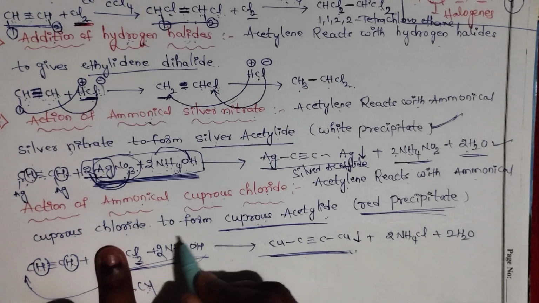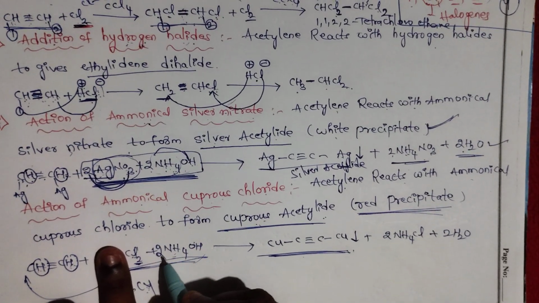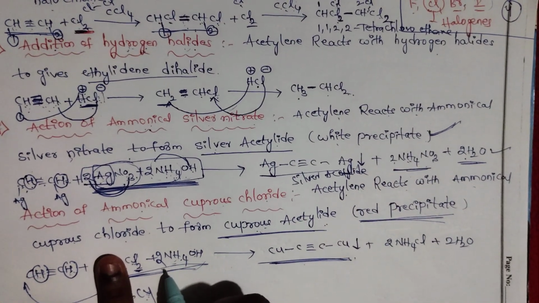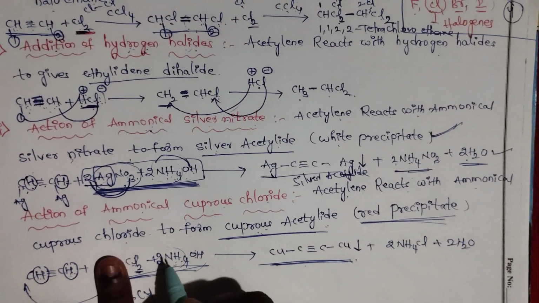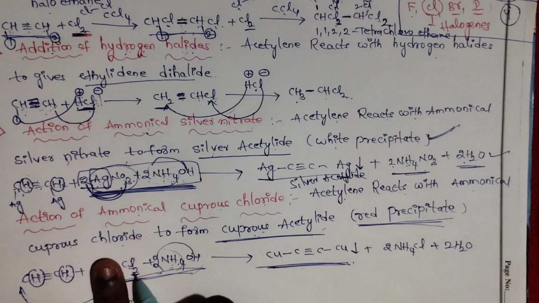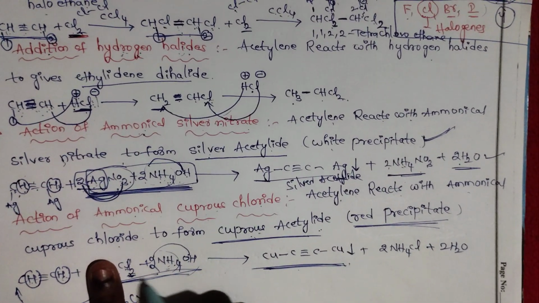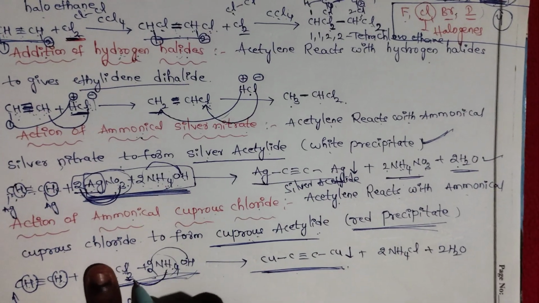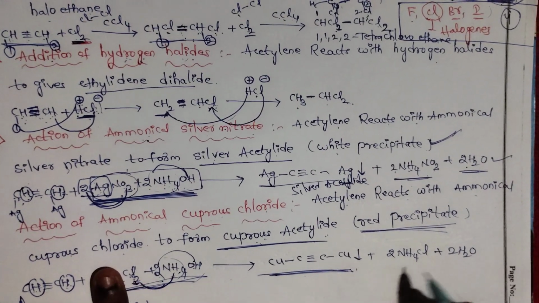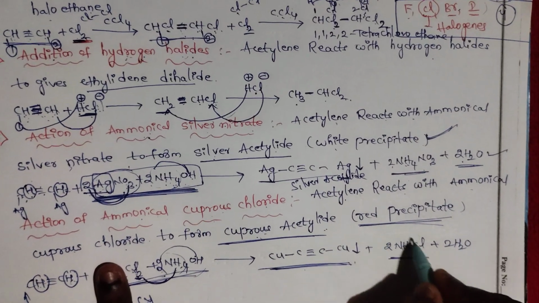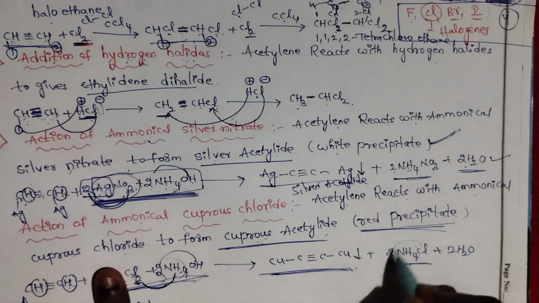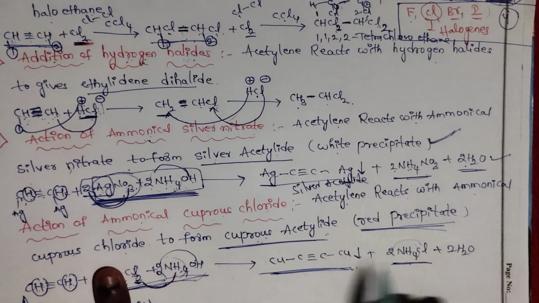How many moles of ammonium hydroxide do we take? Two moles, so two ammonium ions and two hydroxide ions are present. With two chlorines, the combination gives 2 NH4Cl, two ammonium and two chlorides. This is the byproduct along with the main product.